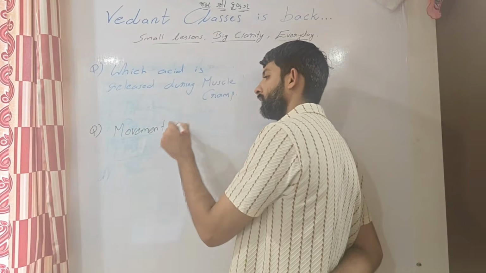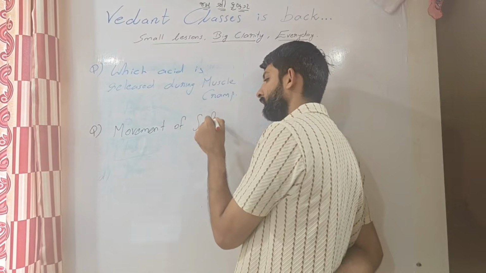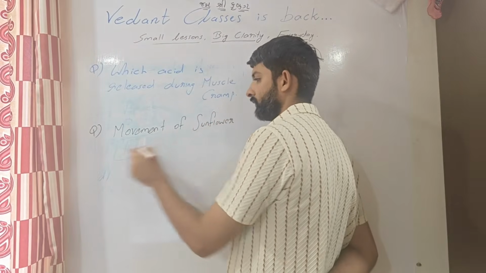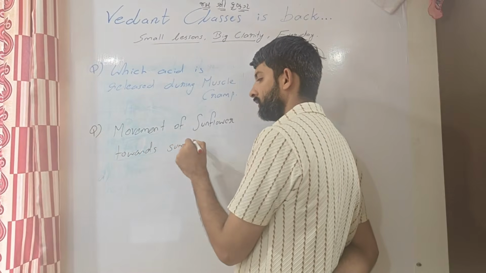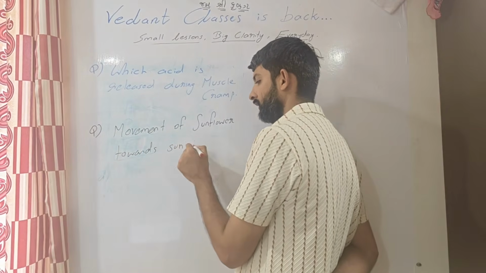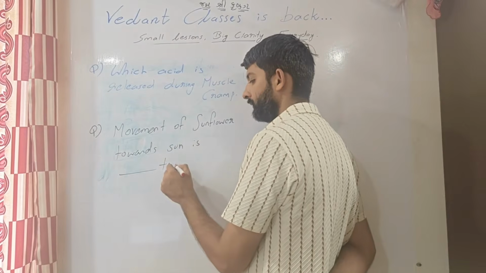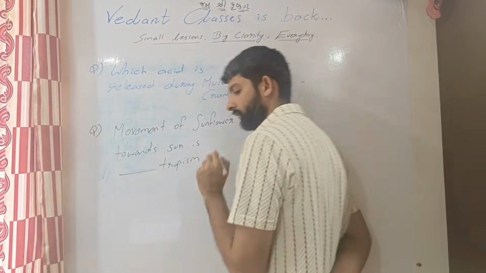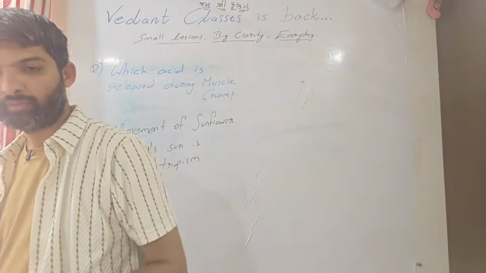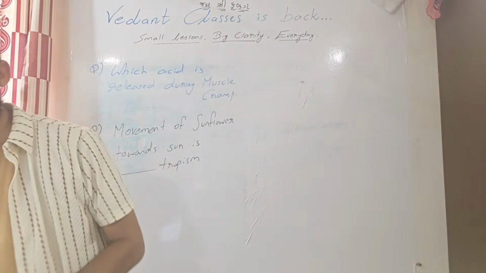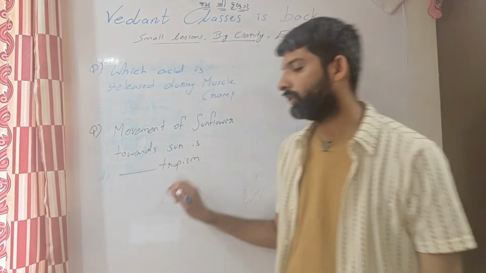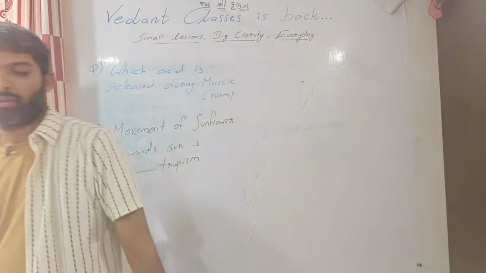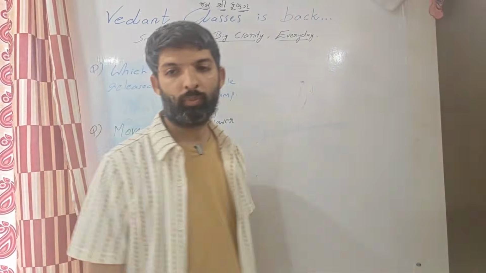Movement of sunflower towards sun is which tropism? Which type of tropism is it? Movement of sunflower towards sun is which type of tropism?